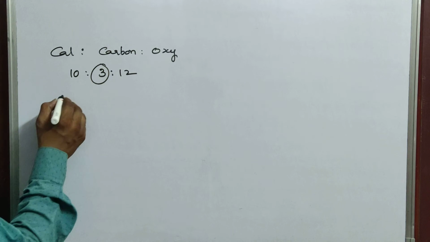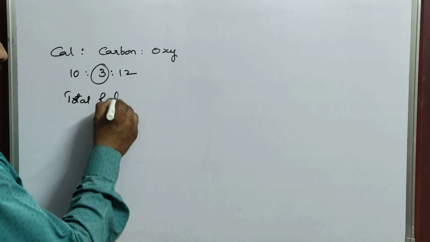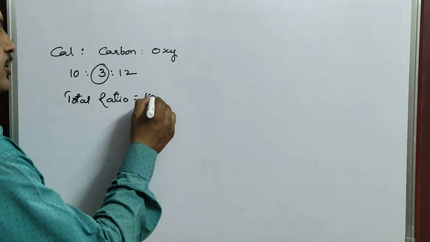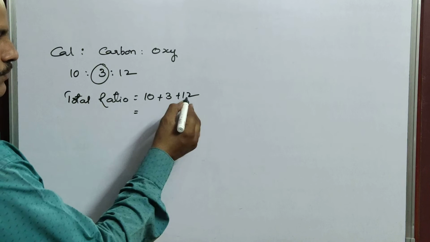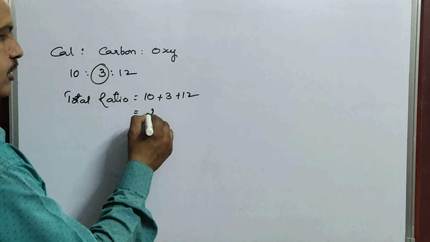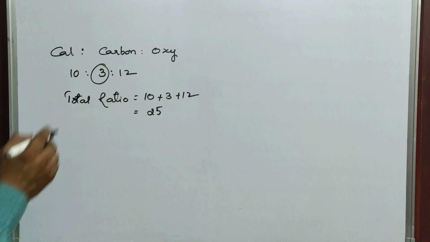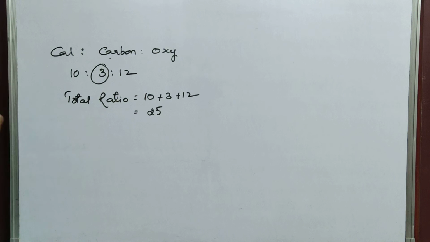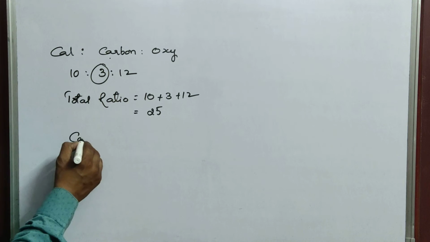So first what to do? Total ratio you have to do. Just I am explaining how to do. Total ratio means 10 plus 3 plus 12. So 15 plus 10, 25. So total ratio is 25. Now he is asking what? Carbon percentage.